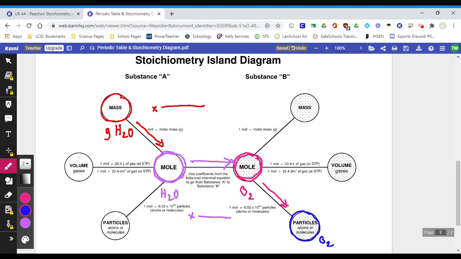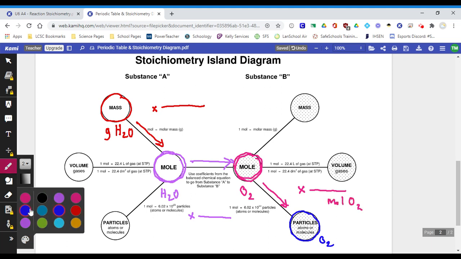Okay, so as a reminder, for your last fraction bar, 1 mole of whatever, atoms of something, molecules of whatever, is going to be 6.02 times 10 to the 23rd particles of that stuff. So your last fraction bar should be getting rid of moles of O2 on the bottom so that our answer can come out in particles or molecules of O2.